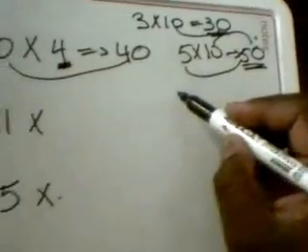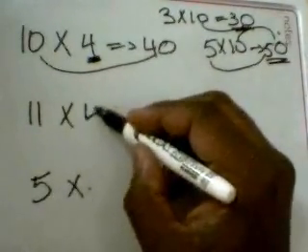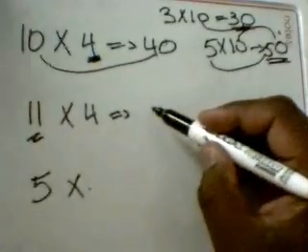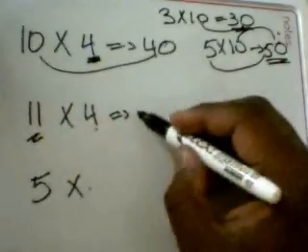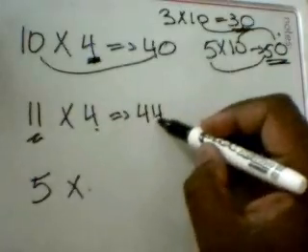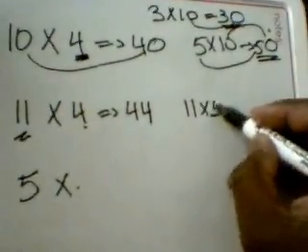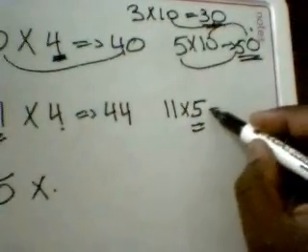Now, when you multiply a number by 11, you make the double digit of the same number, which means 11 times 4 equals 44. If it's 11 times 5, you take 5 and you make the double digit of 5.